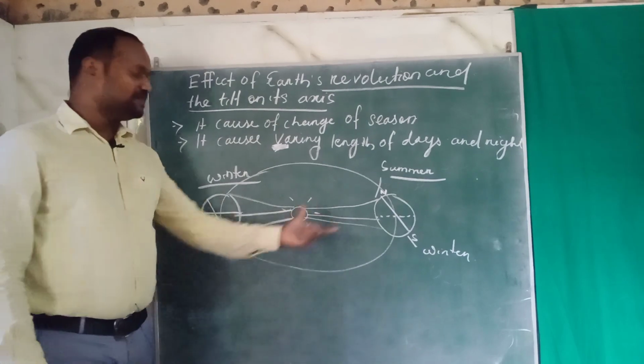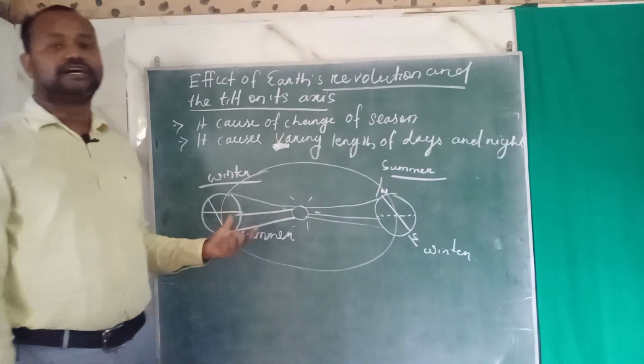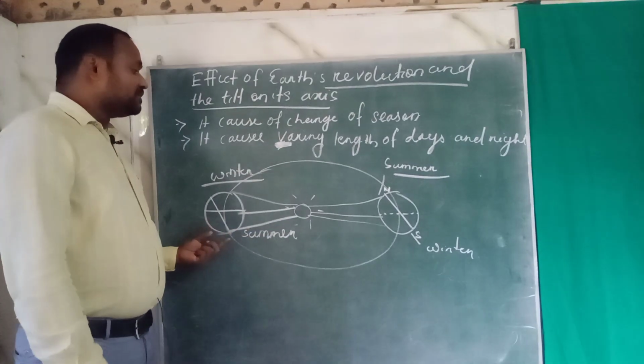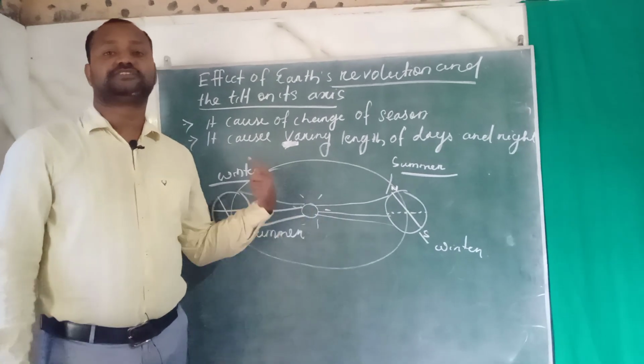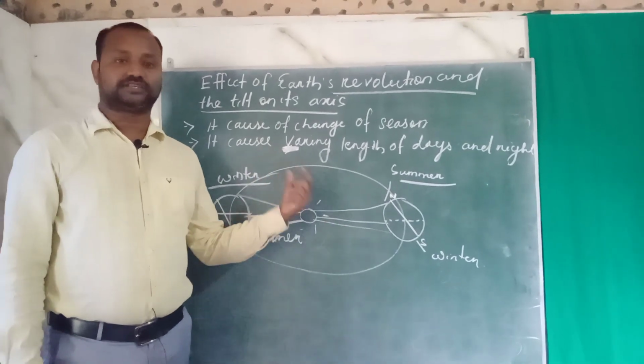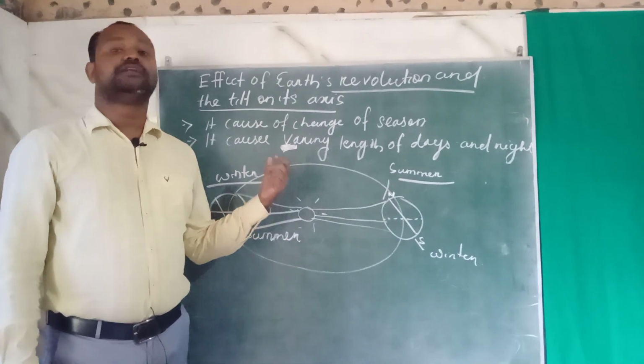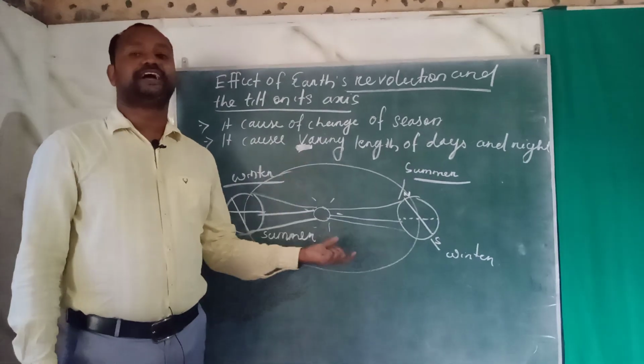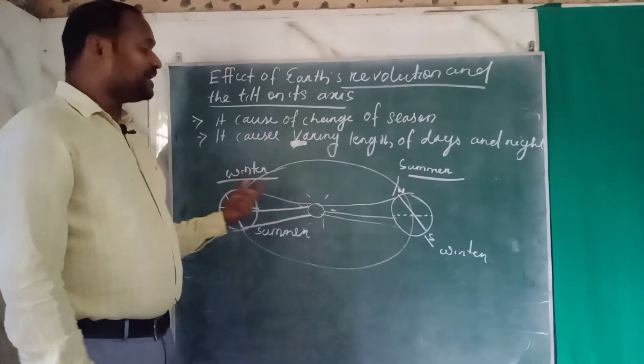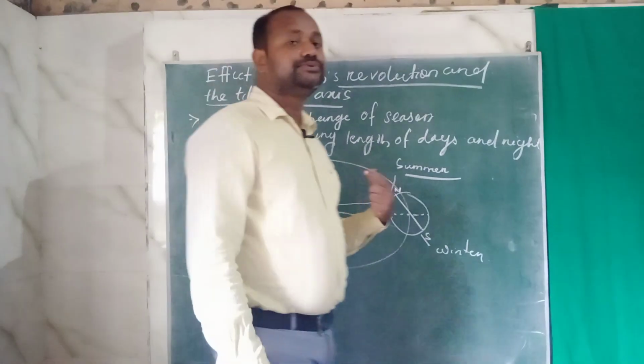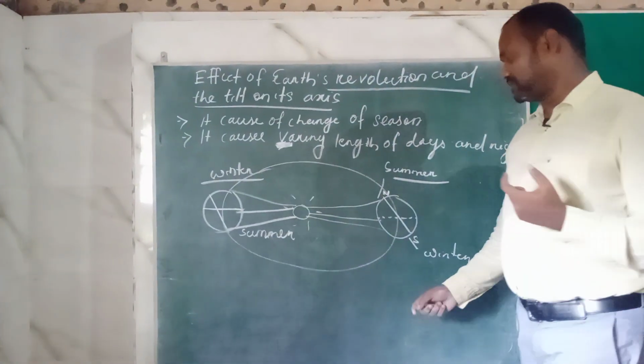So from this diagram we can easily understand that the position of the direct sun rays decides the seasons, and it occurs due to the tilting of the Earth's axis.